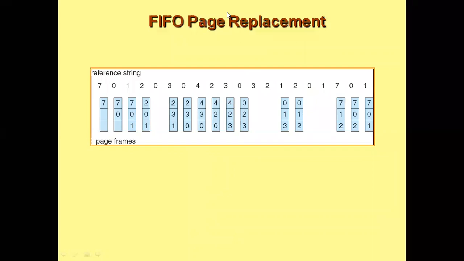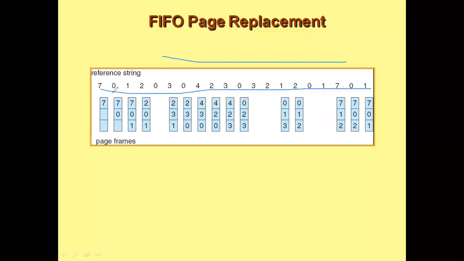It's very interesting and very easy too. Now here you have a reference string that is given to you. You will be given a reference string and you will be given the frame size. Here the frame size is 3.